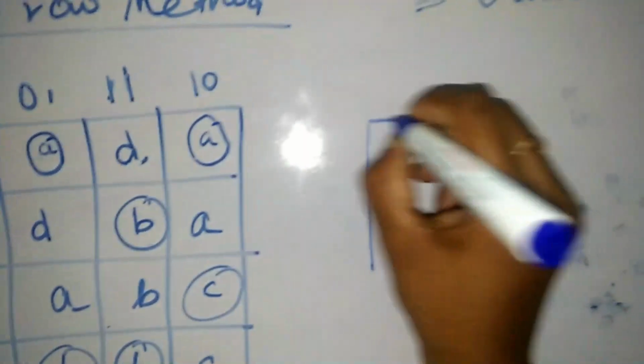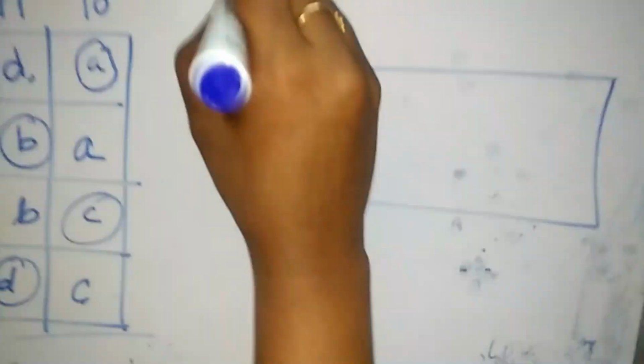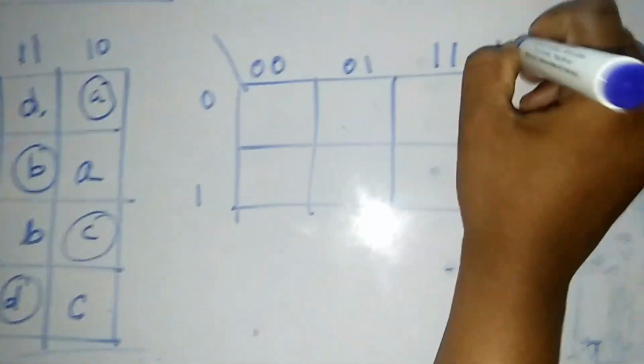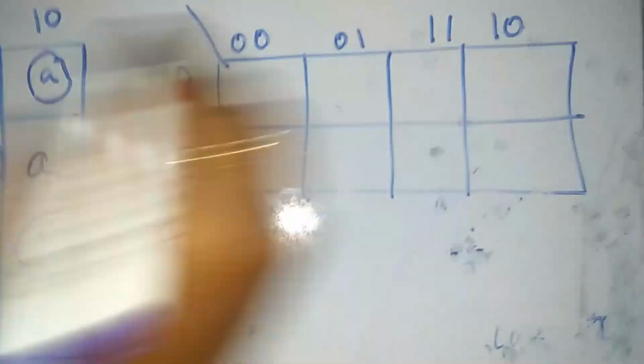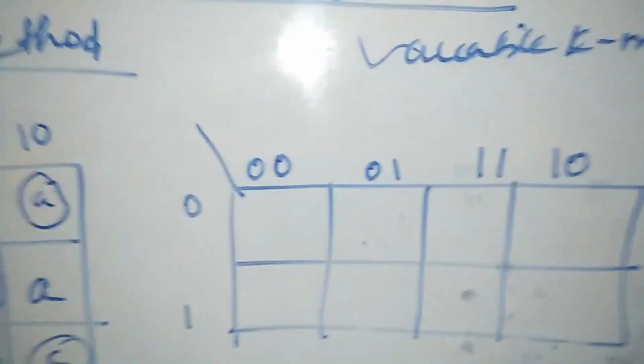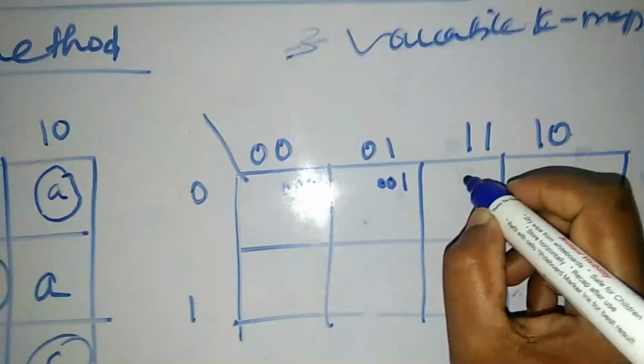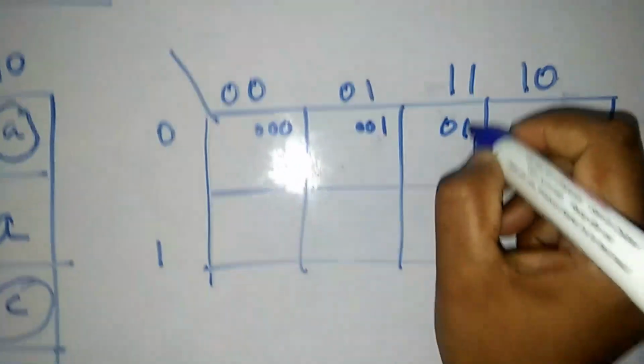So let me consider the 3 variable K map for you all. The inputs are 0, 1, and here it is 1, 1, and 1, 0.